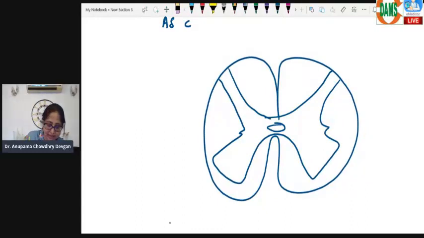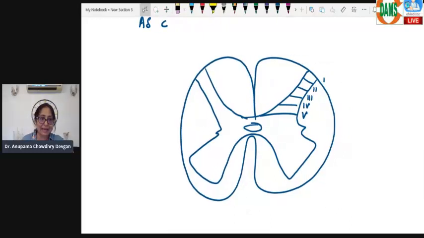There's lamina I, II, III, IV, V, VI, VII, VIII, IX. I'm writing this in Roman numerals. So these are the laminae.